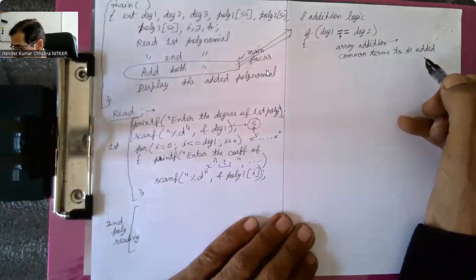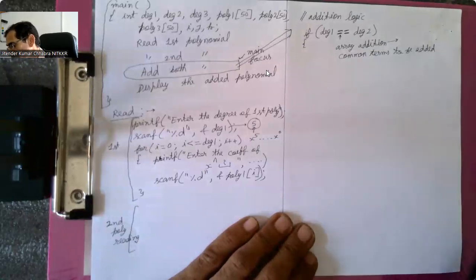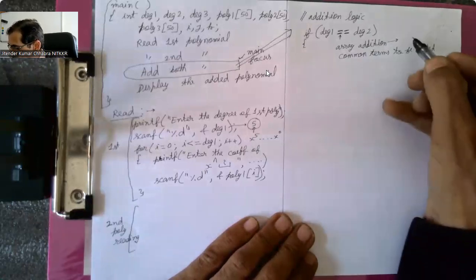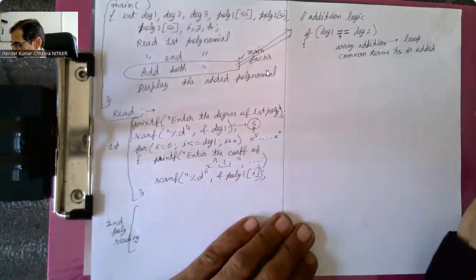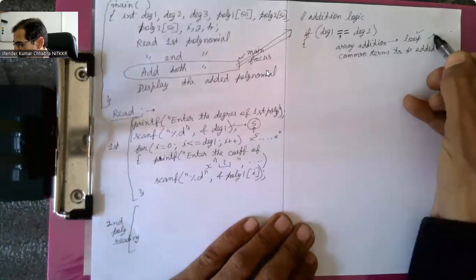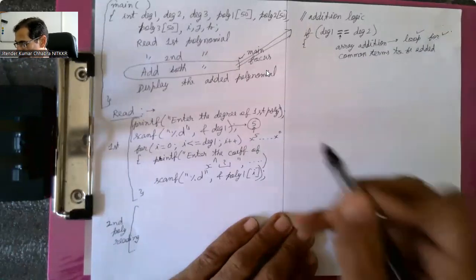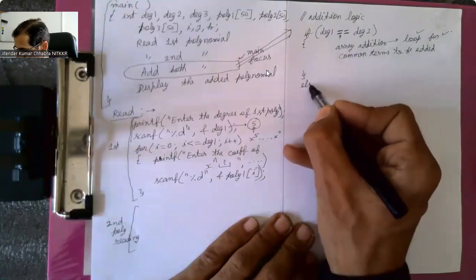Degree 1 plus 1 or degree 2 plus 1. Total coefficients are those many. All are stored from index 0 to degree 1. And accordingly, effectively by writing a simple loop, I can add this. Of course, now loop also, because it is guaranteed to execute a degree 1 plus 1 time, a for loop can be the simplest and easiest choice.